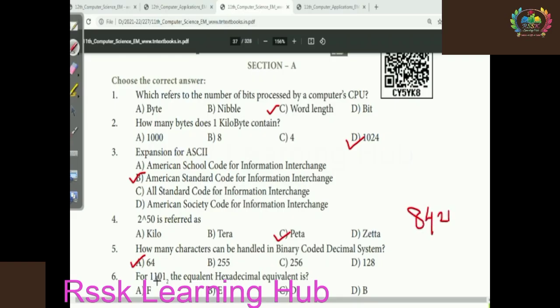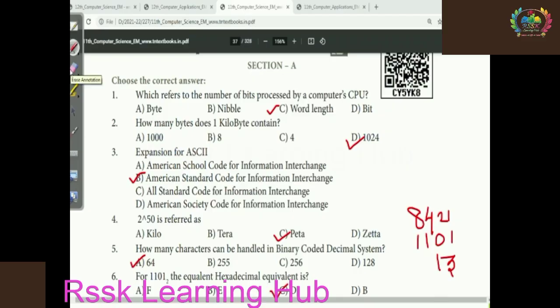The 8 value is 1, 4 value is 1, 2 is 0, last is 1. So 12 plus 1, 13 is the answer. In hexadecimal, up to 9 is the value itself, 10 is A, 11 is B, 12 is C, and 13 is D. So the answer is D here.